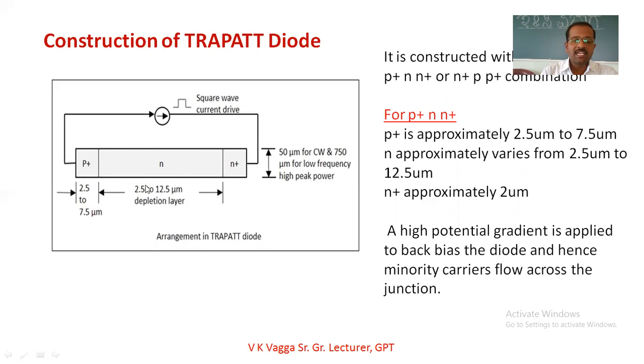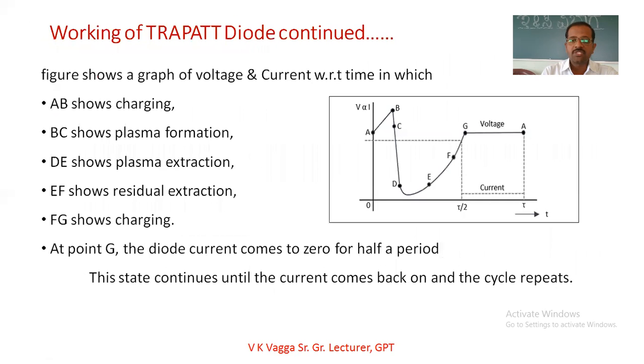And if it is acting as a capacitor, on applying some amount of voltage it gets into charging. It increases the number of electrons and holes in the depletion layer. That means it keeps on charging, so the voltage increases from A to B. So A to B shows the charging.